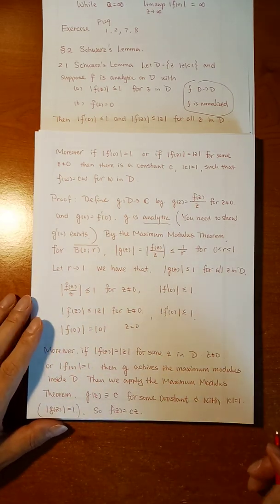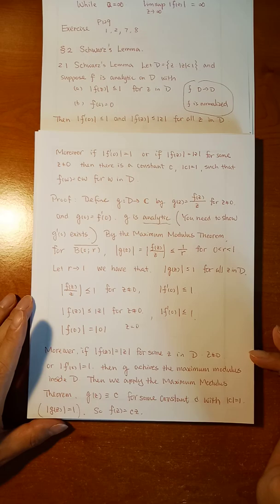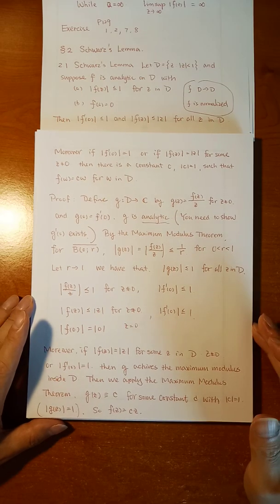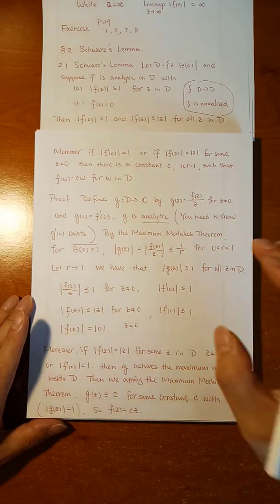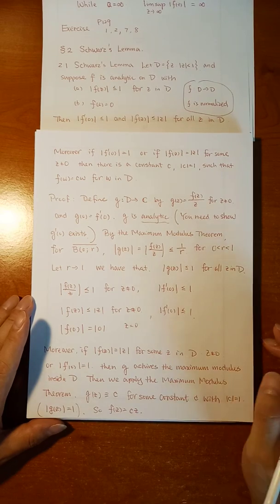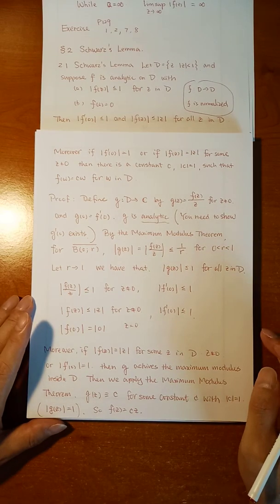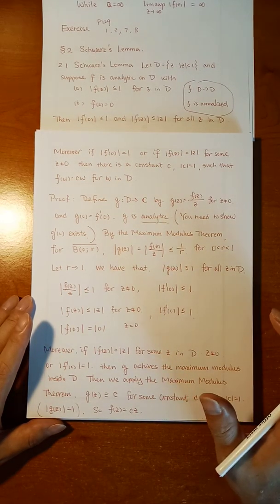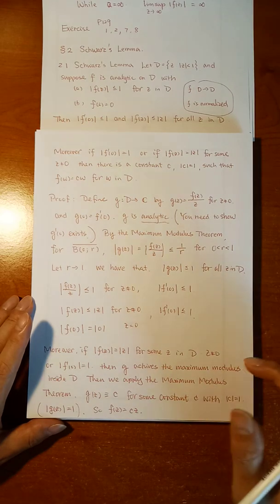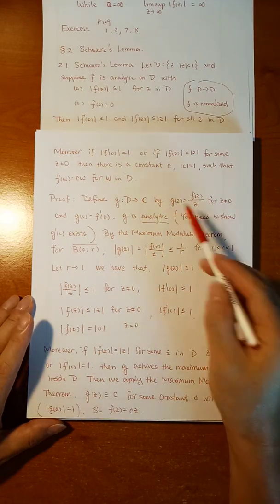And we completed the whole proof of the Schwarz lemma. So the Schwarz lemma technically is a direct application of the maximum modulus theorem, second version, to the special function g.